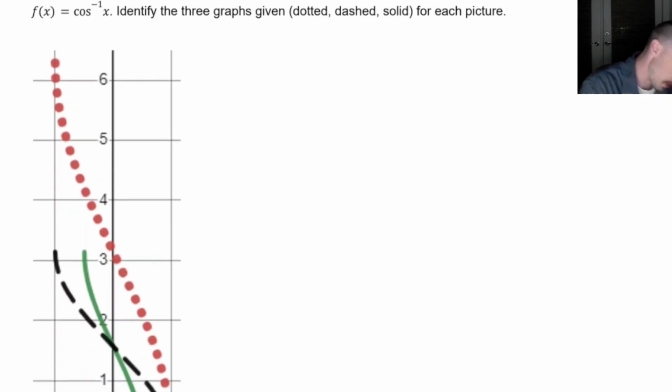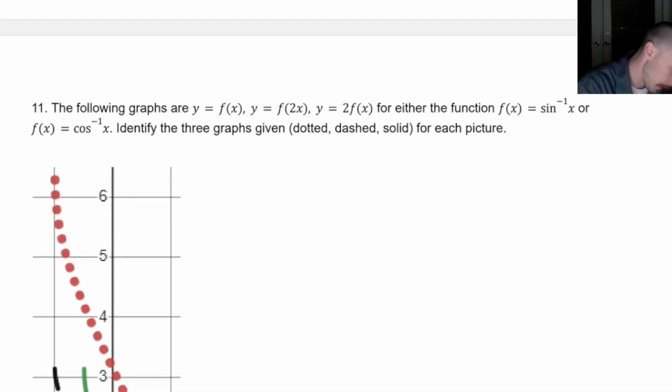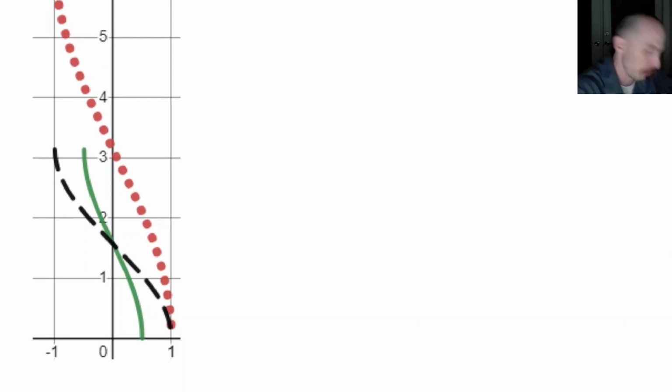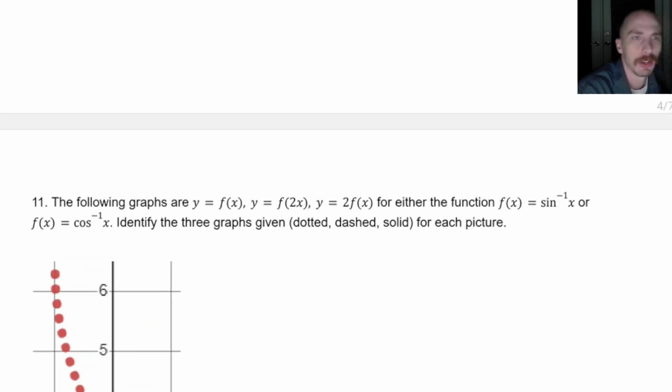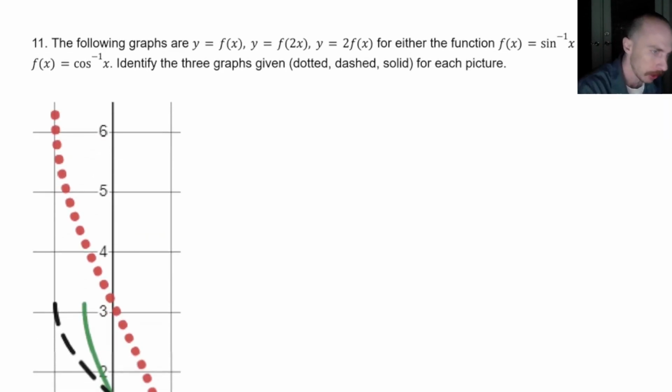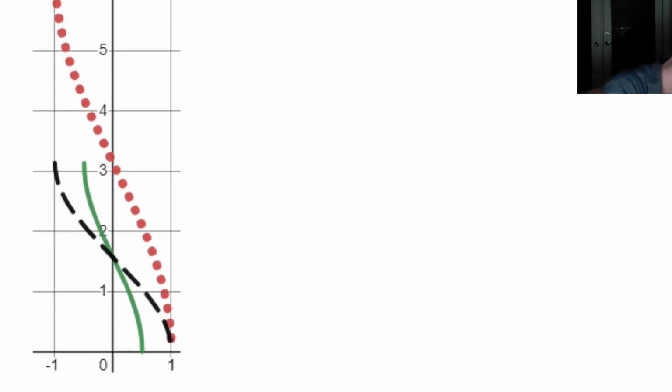Okay, and then here we've got 3 more, and all right, y equals f of x, y equals f of 2x, and y equals 2f of x. I'm going to use the same strategy. I'm going to look at the two that have kind of the same height, and I'm going to say they have to be horizontal dilations of each other. Okay, so I think dashed is going to be the original, right? Because we didn't change really the structure of the question. Okay, so dashed is going to be the original. It's going to be f of x.